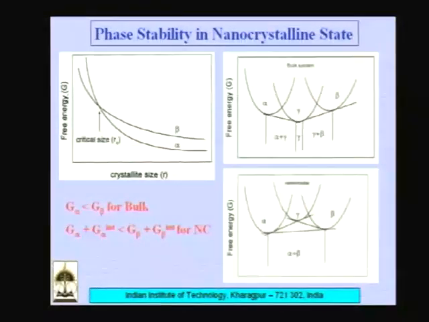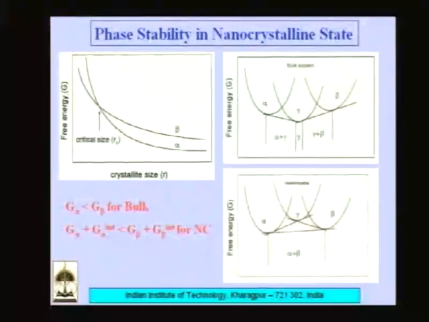In a nanocrystalline state, the phase that is stable is always the one with the lowest interfacial energy, and the congruent melting compounds are one of those examples which have the low interfacial energy, and that is why you see that those phases only exist and the non-congruent melting phases do not exist.